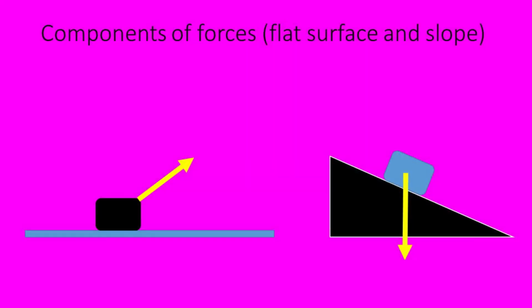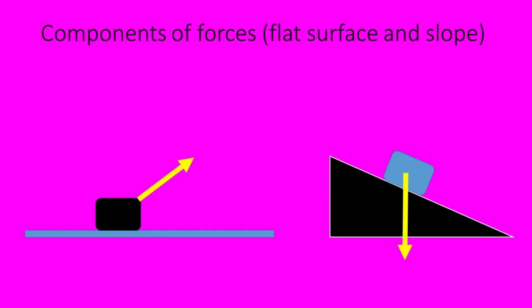We also looked at components both on a flat surface and on a slope. On a flat surface, it was pretty simple because we just had F_x and F_y, where if the angle was between F and the horizontal axis, the x-axis, F_x would be F cos theta, F_y would be F sine theta.